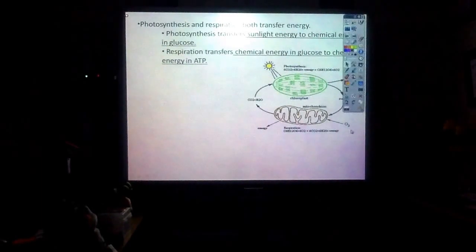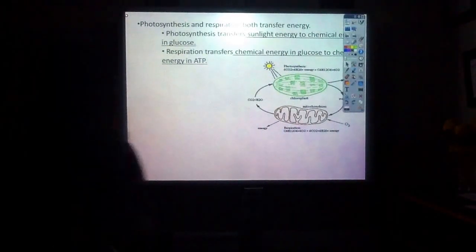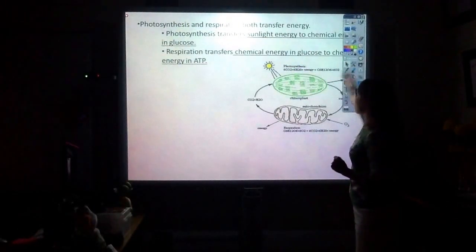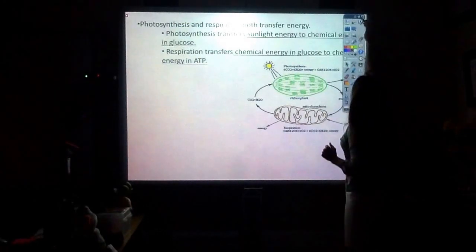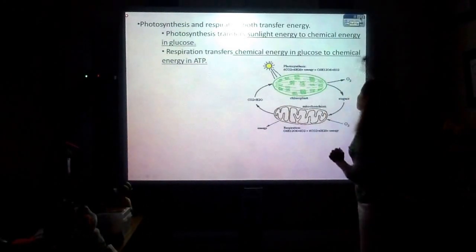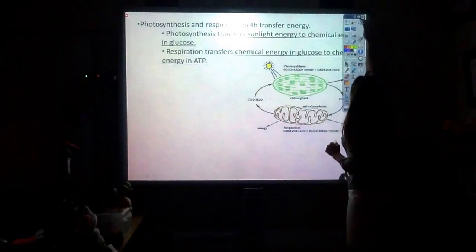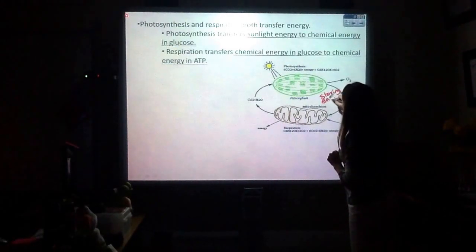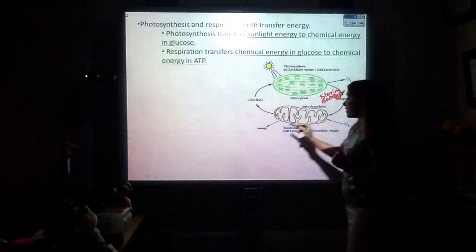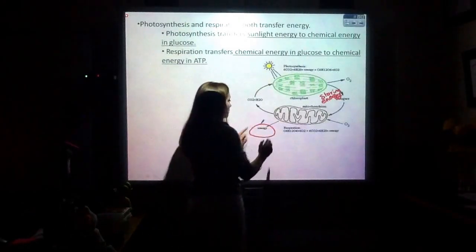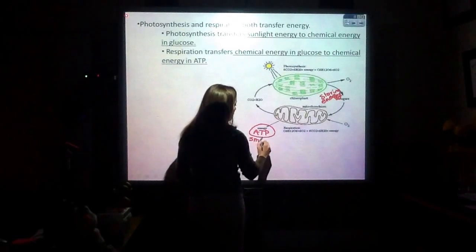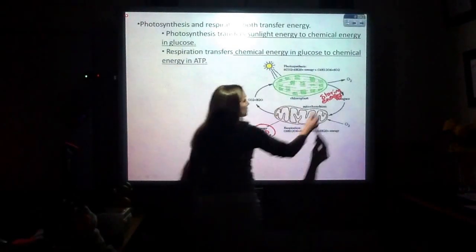We have a picture here that shows sunlight coming into the chloroplast and sugar being made. We want to make a small note that sugar is storing energy. But the energy that the mitochondria makes, ATP, is smaller energy.